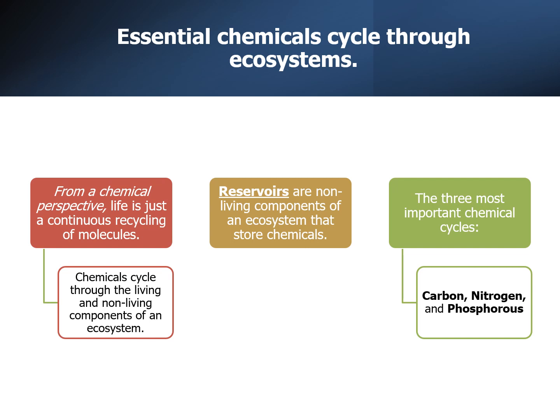And it's important to note that we're going to find these three chemicals in a handful of areas within our ecosystem. And why are they important to us personally within our bodies, but where do we find them in our ecosystems? So we're going to talk about what that is, and that is a reservoir. So they are non-living components of an ecosystem that store those chemicals, and we're going to talk about where we find them.